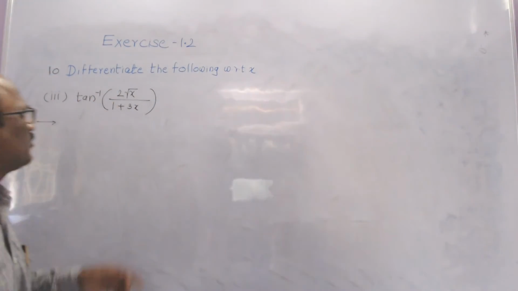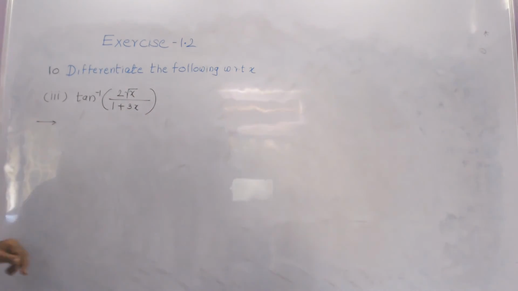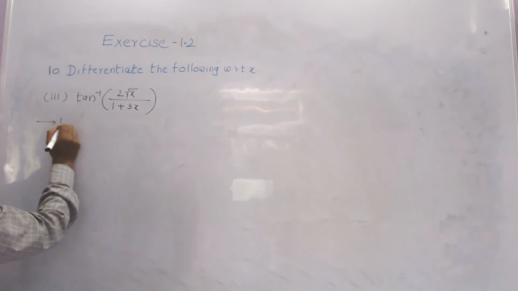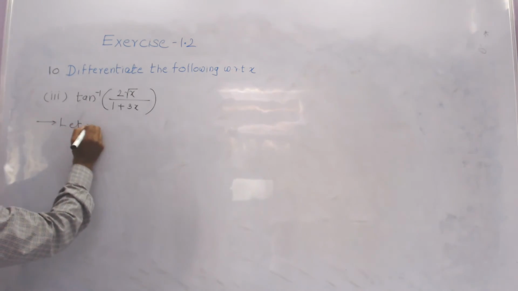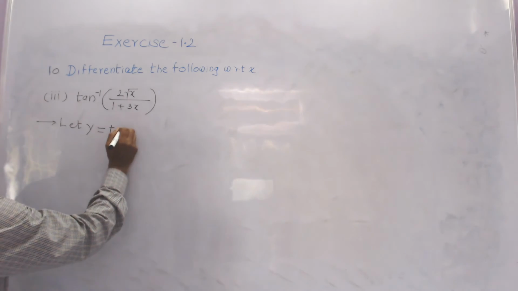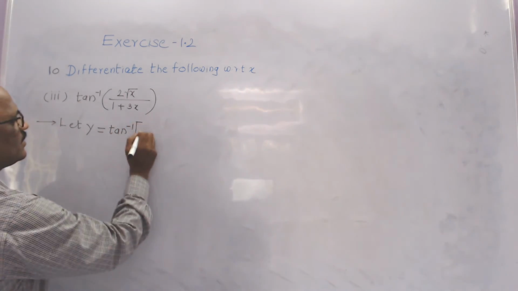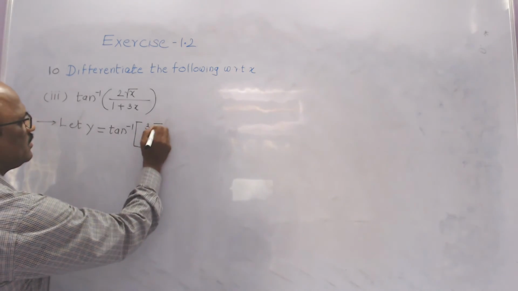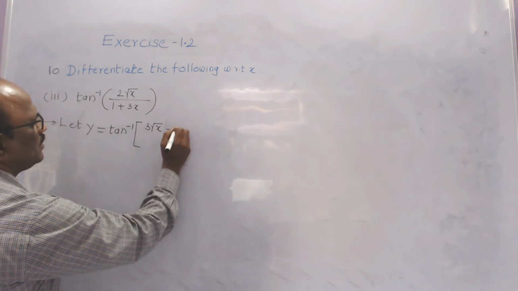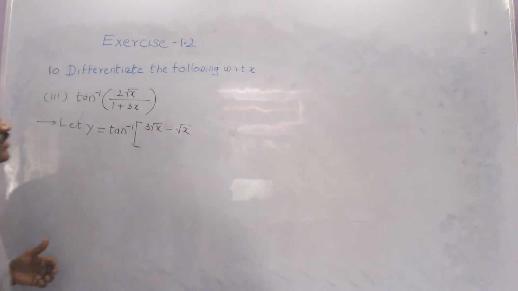Now the next problem is again tan inverse of 2 root x upon 1 plus 3x. Now here let y is equal to tan inverse of 2 root x upon 1 plus 3x. What is the consideration?